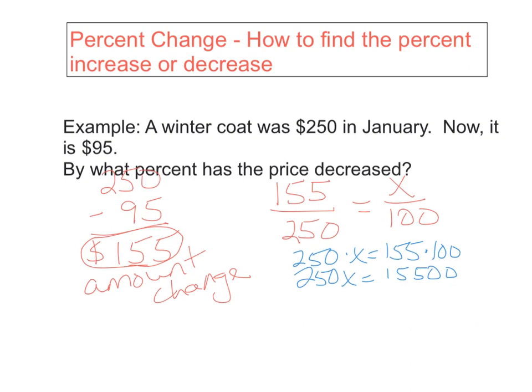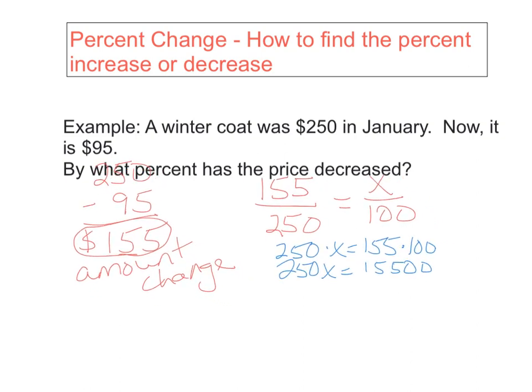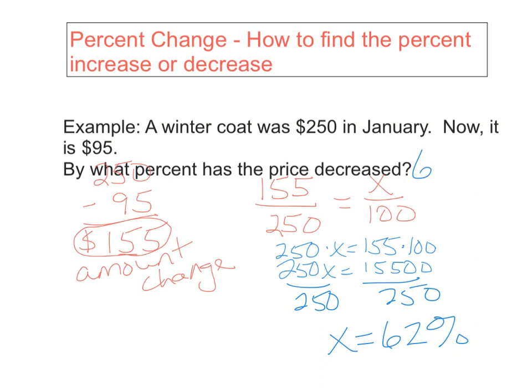Then we divide by 250, and when you divide that, you get 62. So this has changed by 62%. It is 62% off now. That is the percent decrease, decrease because it went down.